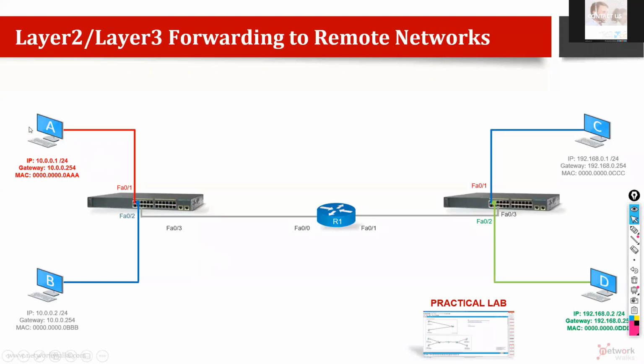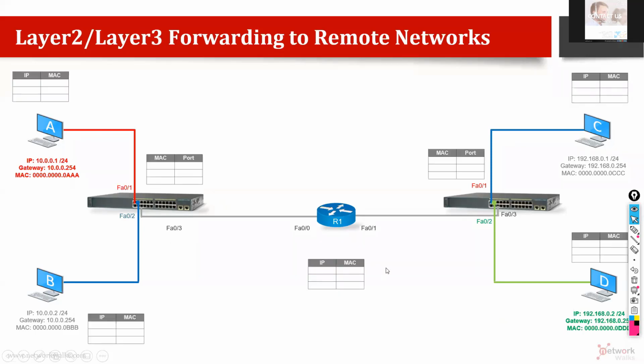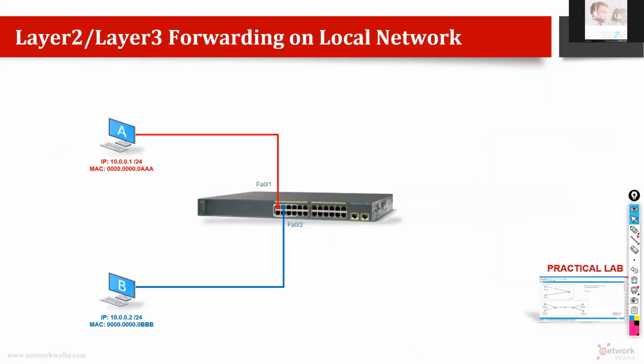We will see that when a ping message on layer 7 is generated on computer A and reaches computer D, how does it travel, how does it get converted into a layer 2 frame, then again a layer 3 IP packet, then again a layer 2 frame, and how do these tables get populated. So it's very important to understand how network communication happens practically, right?